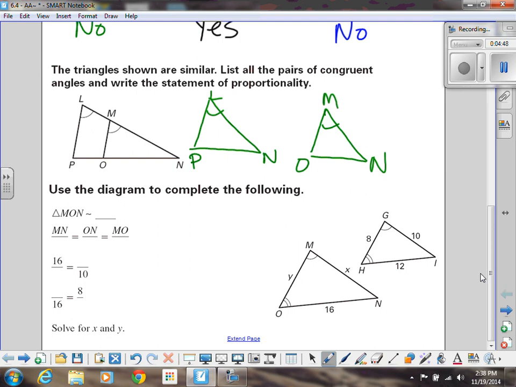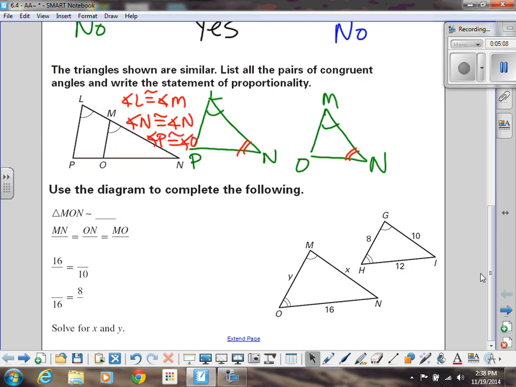Well, angle L is congruent to angle M, and then angle N is congruent to itself, and I also have angle P is congruent to angle O.